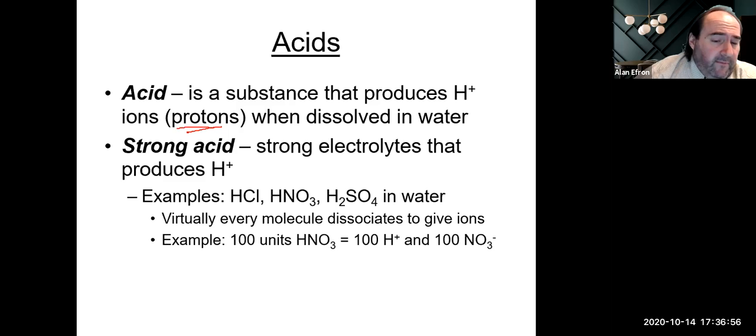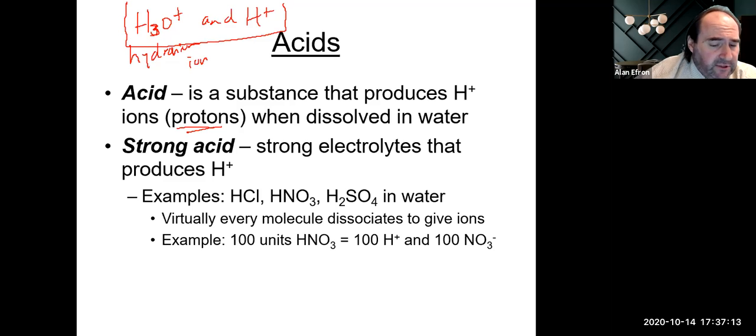The other one that you see very often is H3O+. H3O+ is what is known as the hydronium ion. It's a polyatomic ion. And H3O+ and H+ are pretty much used interchangeably in acid-base chemistry. That's both in equations and reactions, and also in terms of formulas.